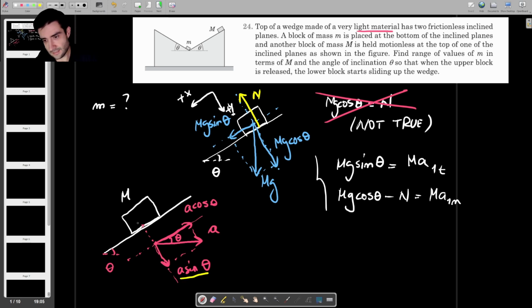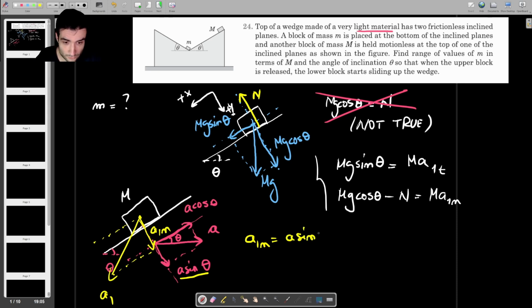If this object is going to accelerate like this, for example, we have no idea what the tangential component is going to be from this kinematic relationship. This kinematic constraint doesn't tell us anything about the tangential components, but it tells us everything we need to know about the normal components. So if this is A1 and this is A1n, A1n and A sine theta have to be equal to each other.